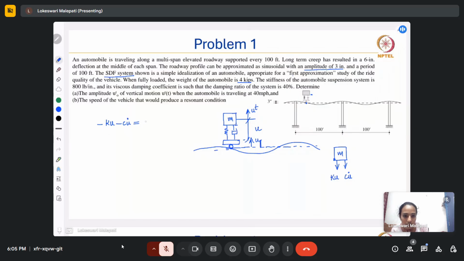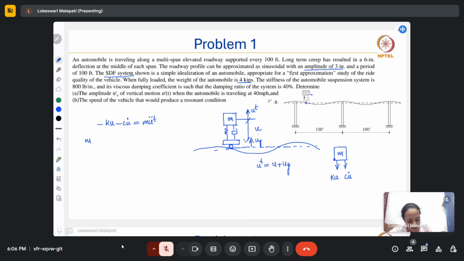This must be equal to the mass times acceleration as per Newton's second law of motion. So we have m ut double dot. That is the total acceleration which we need to consider for the inertial force. Now, first, let us write down the equation for ut. ut is equal to u plus ug.